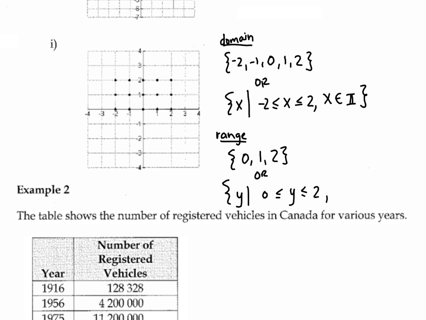You could say integer. You could also say whole numbers. Y is an element of the whole numbers. So that's the other way. That's an example of when it's not continuous, when it's not x or y an element of the reals.